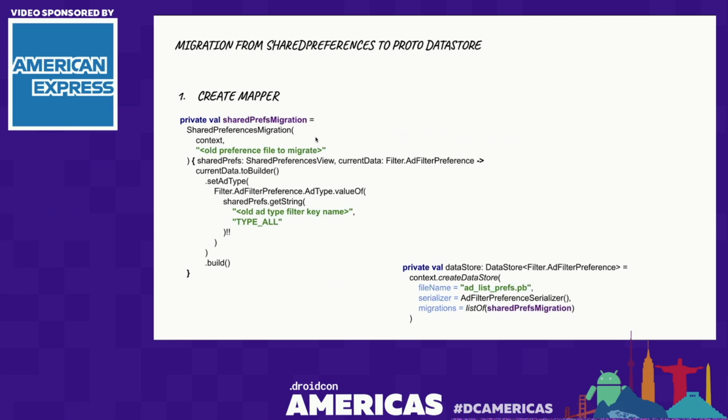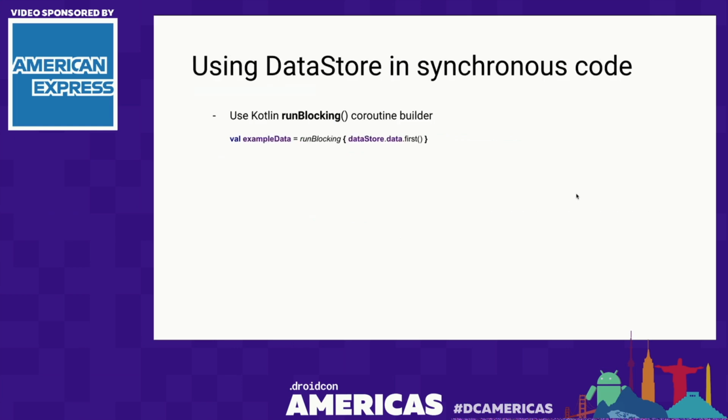This is how you create a shared preference migration mapper. Second is creating the data store, defining the data store object. Inside the data store object, you can see we have a file name, the same serializer, and the list of migrations. Migration is the mapper that you pass to it: the shared preference migration object along with the mapper. So pass the mapper and create the data store object.